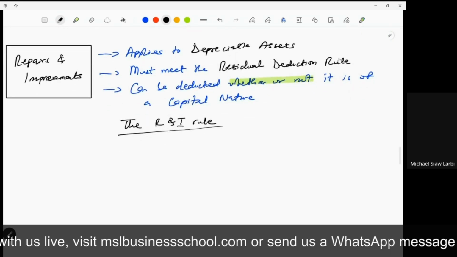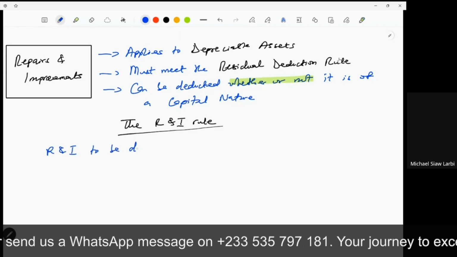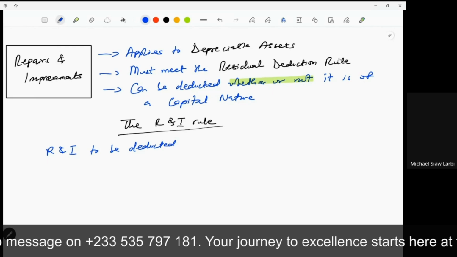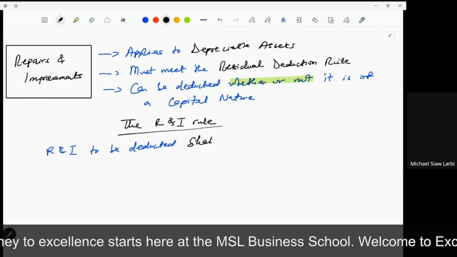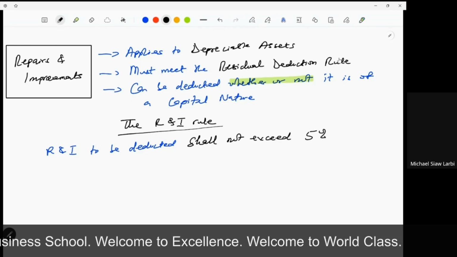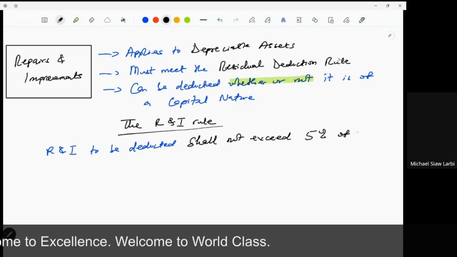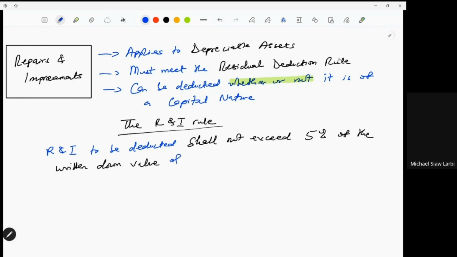So R and I to be deducted shall not exceed 5% of the written down value of the pool at year end.